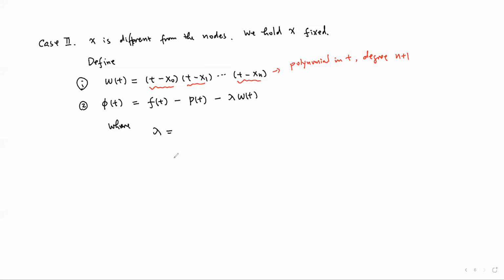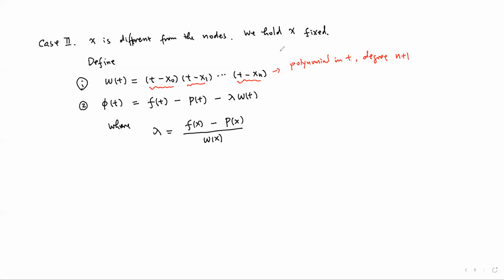Lambda is a constant. Which constant? The function value at x, remember, I hold x fixed, so this is a constant: f(x) minus the interpolation polynomial p(x), over w(x).